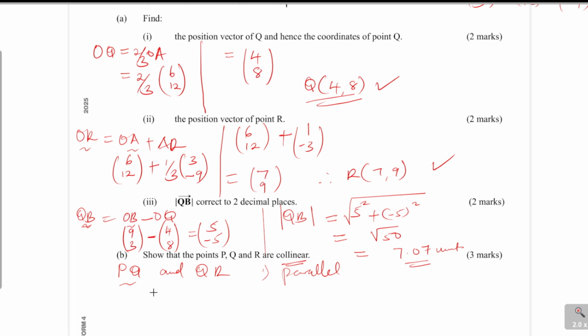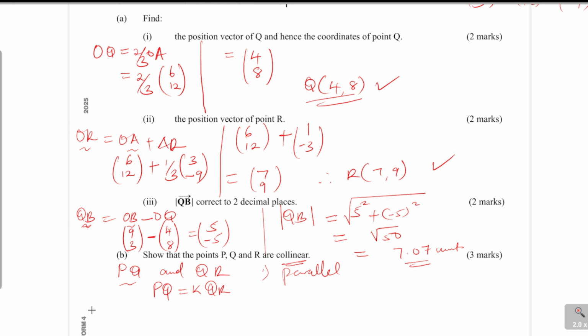For example, you can say PQ is equal to K QR, where K is a scalar. Once you prove that they are scalar multiples of each other by finding K, you have proved that they lie on the same straight line. And as you will see, there is a common point Q on both of these vectors.